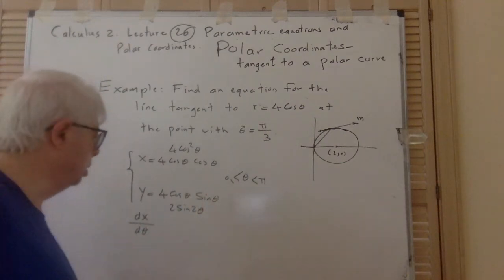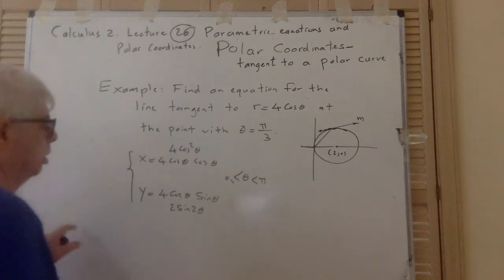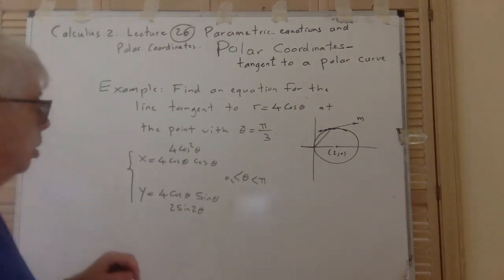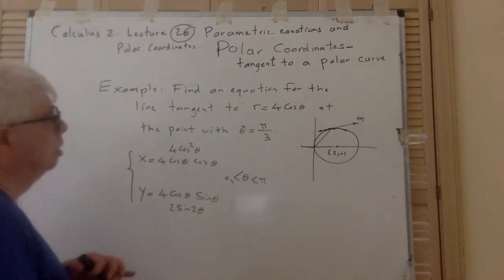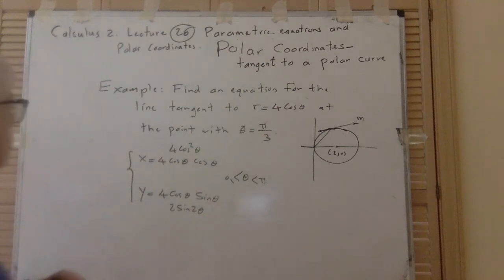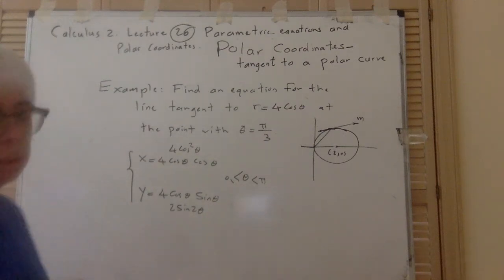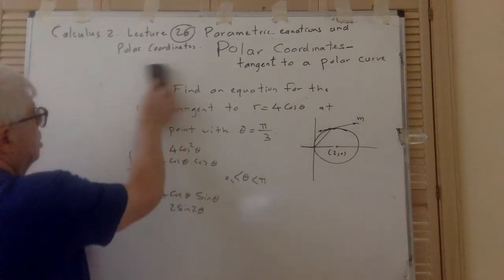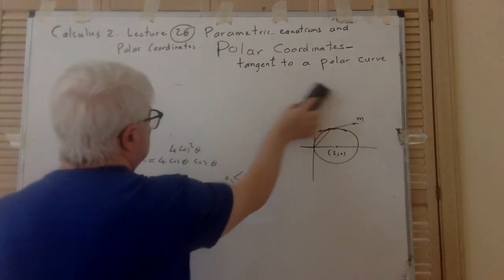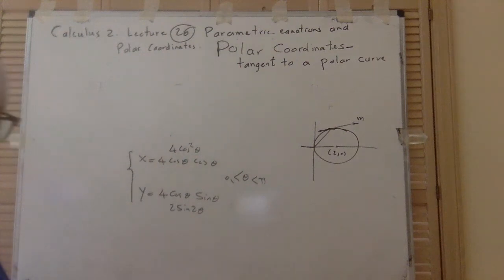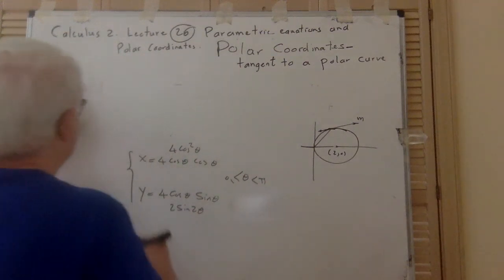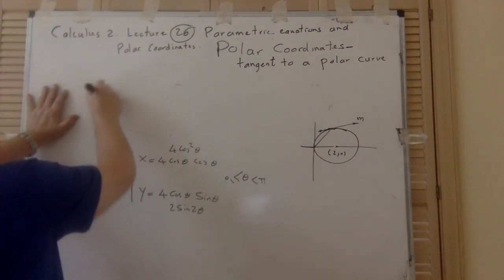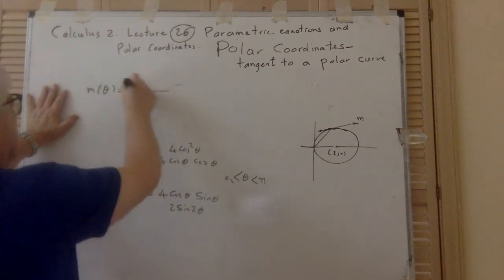You need to remind yourself of some formulas and trick formulas. I don't have enough space here, so let me erase this and do it here. Okay, so what was m theta?